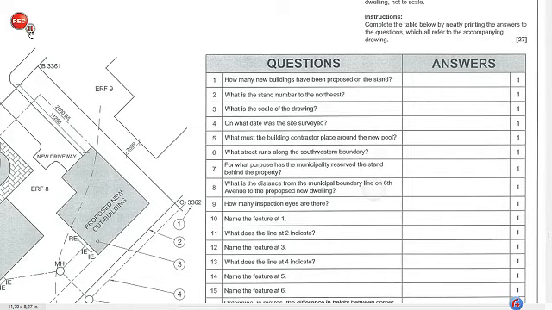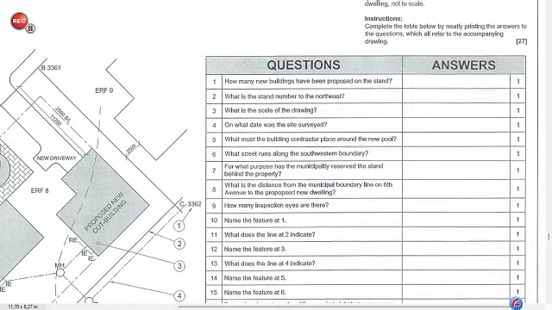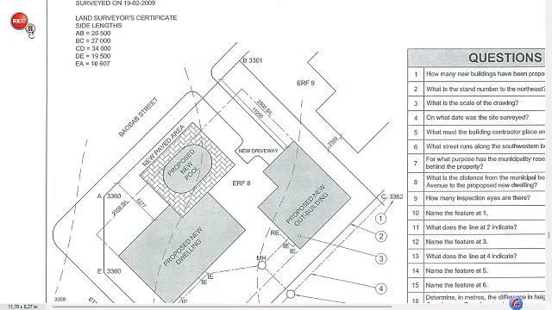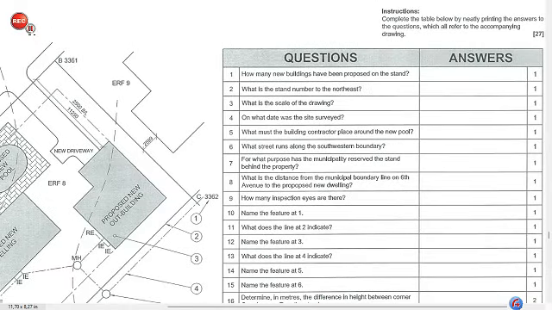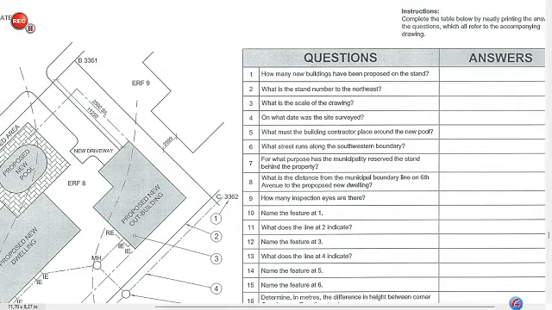If you look at the next question, number 5, what must the building contractor place around the new pool? So if you're going to go across, you will find that there should be new paving placed around that specific proposed pool. If you go to number 6, what street runs alongside the southwestern boundary?